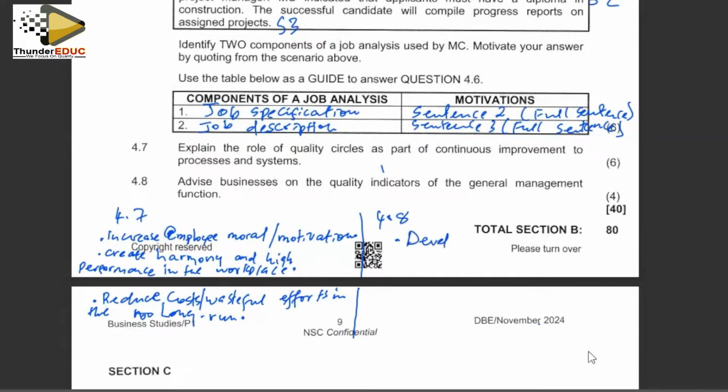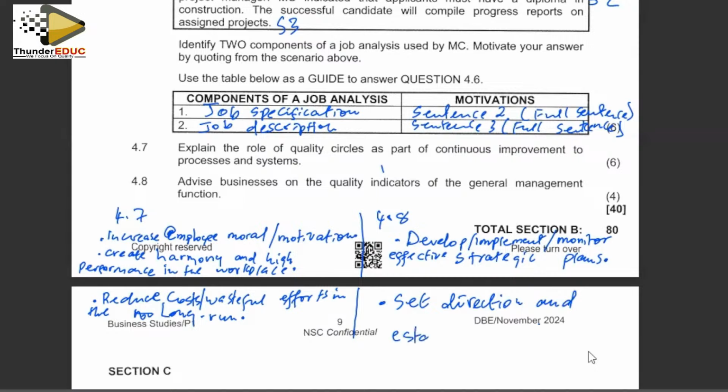Develop or implement or monitor effective strategic plans, and also set direction and establish priorities for their business.